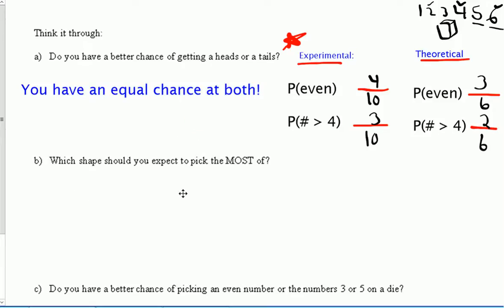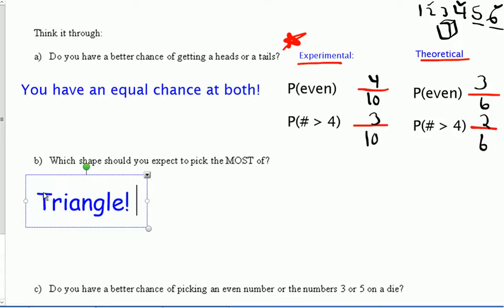Okay, now this is about the tangrams. What shape should you expect to pick the most of? So out of that bag of shapes, what should you predict that you should get the most of? We have an answer? What shape was the most in that bag? You should predict that you should probably get a triangle. And why?